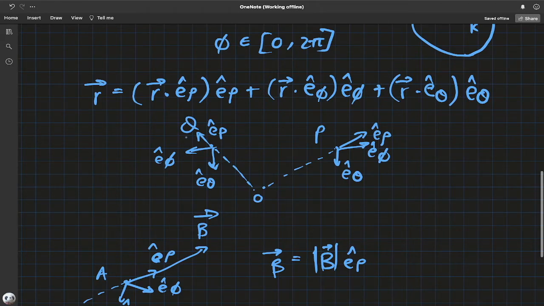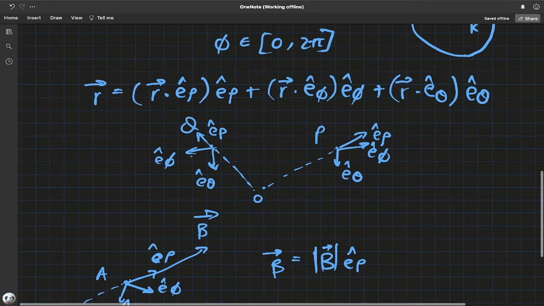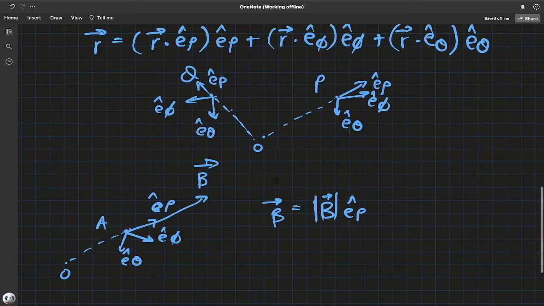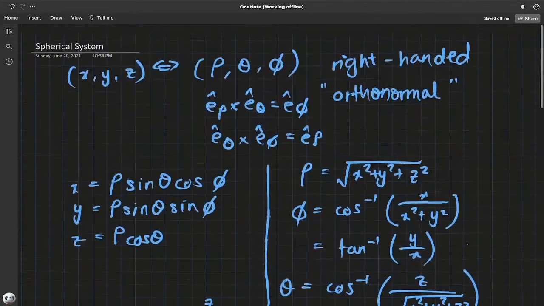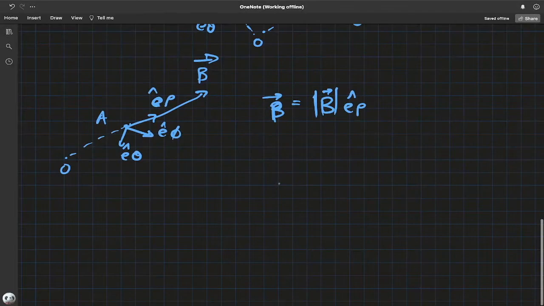So there's this idea of change, and this idea of change will come in handy when we define the basis vectors for a general curvilinear system. Okay, moving on.